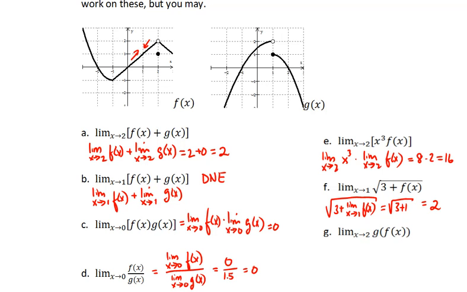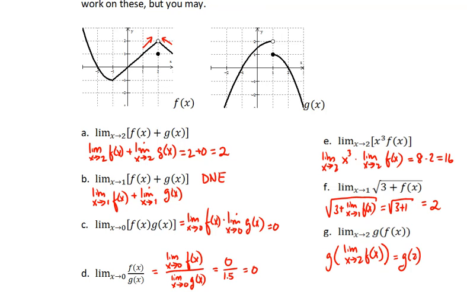With letter G, we want the limit as x approaches 2 of g of f of x. When we're working with function composition, we take the limit of the inside function and plug that into the outside function. So that would be g of the limit as x approaches 2 of f of x. So the limit as x approaches 2 of f of x, once again, is 2.